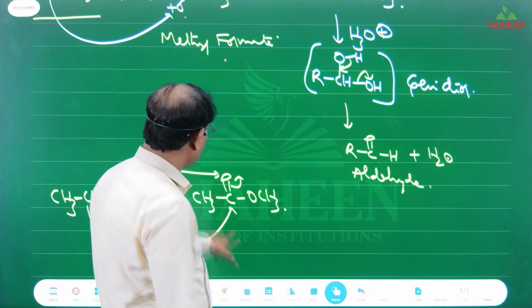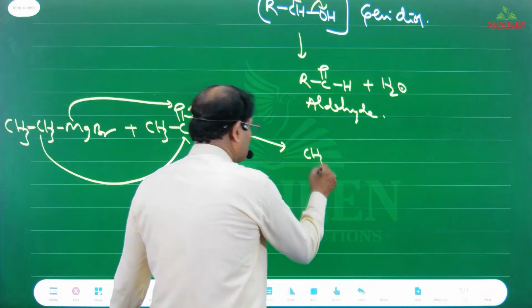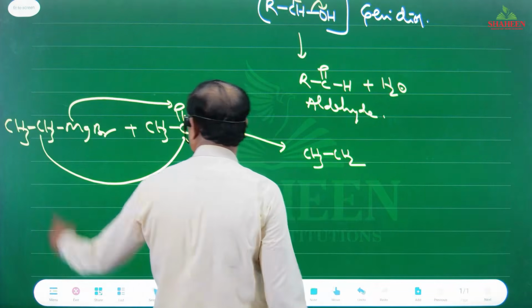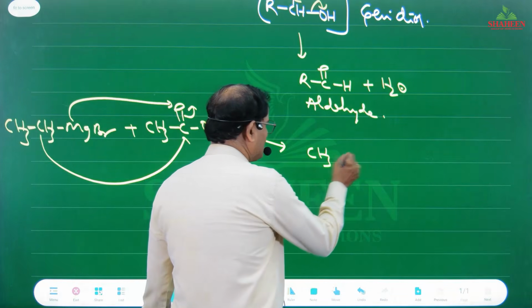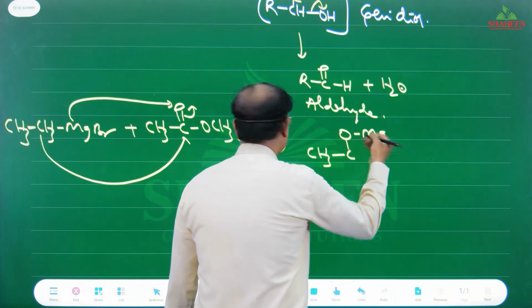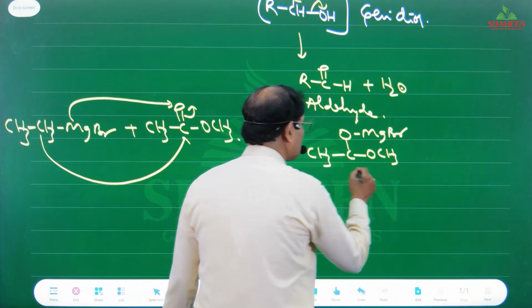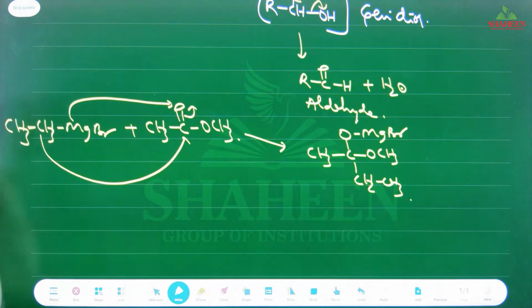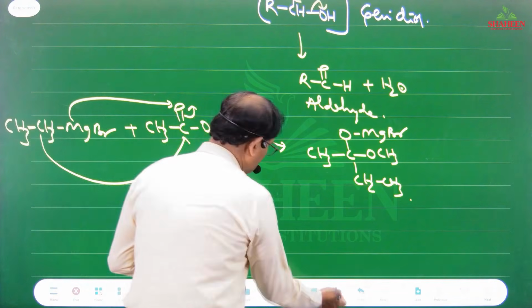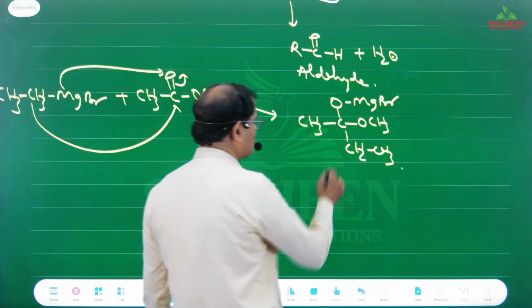So we have an adduct, CH3 C(OMgBr)(OCH3) with the ethyl group. The added product is called an adduct, because by addition reaction between these two we get this one.